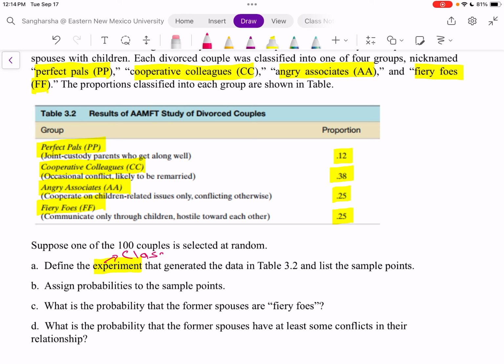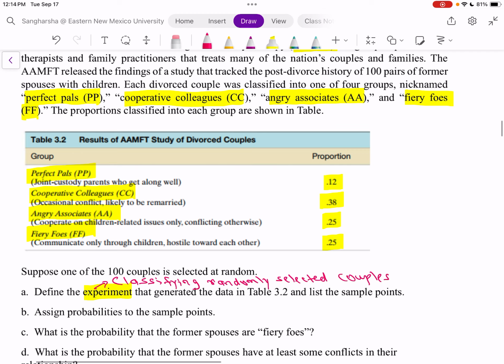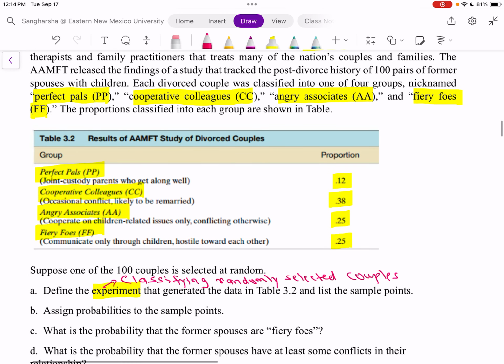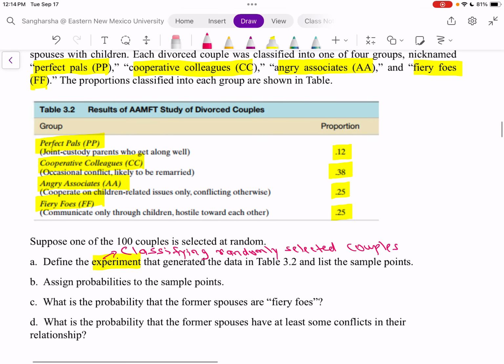So the experiment is classifying randomly selected couples. This is the experiment of classifying the 100 pairs of spouses with children.